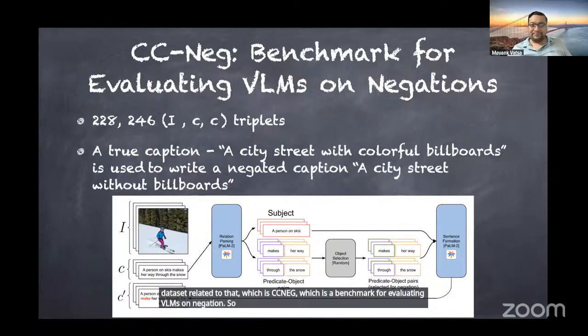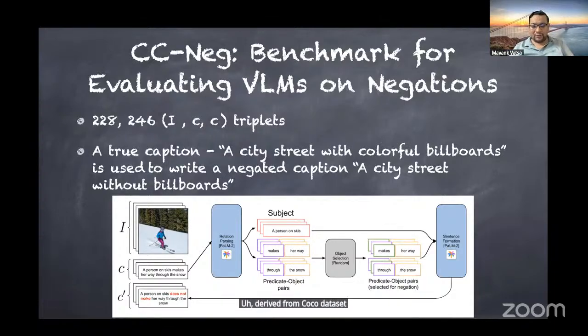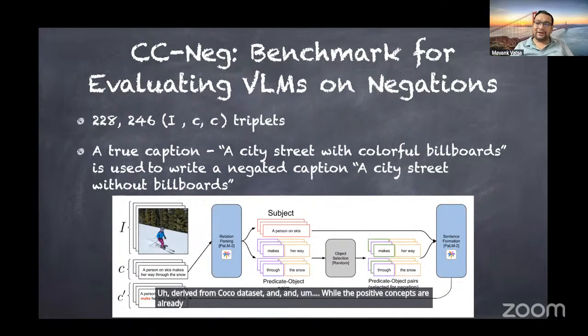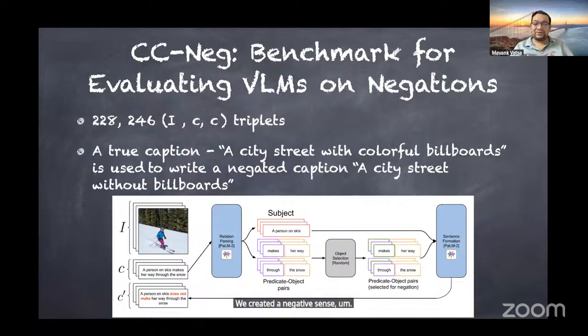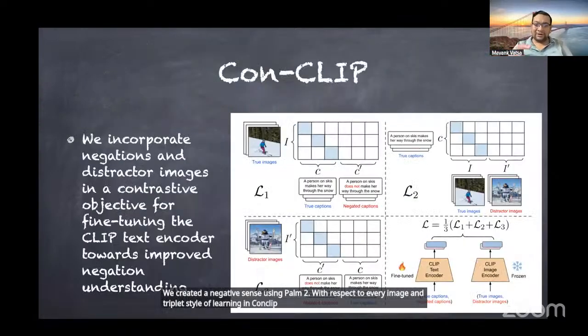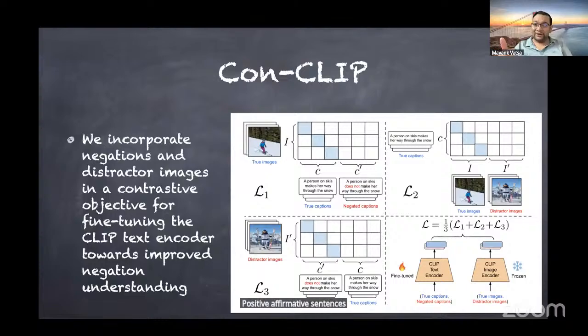We created a dataset with more than 228 samples derived from the COCO dataset. While the positive concepts were already available, we created a negative set using PaLM 2 for every image, and created a triplet style of learning in ConCLIP, where we could do essentially three learnings: one with respect to positive affirmative sentences, and the others for negation understanding.